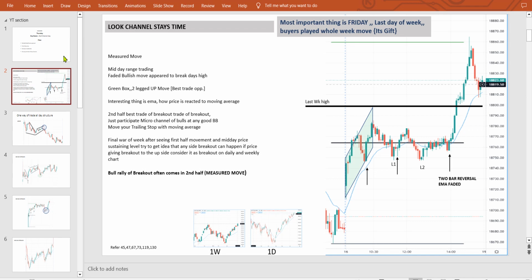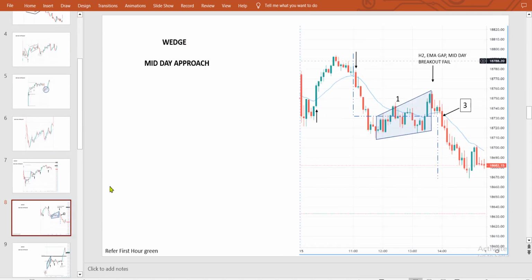Today is another new structure where a measured move happened from yesterday's low, so this is the buying structure. What we are approaching here is the wedge pattern and the midday pattern. We find the wedge and midday approach in all types of day structure, and we try not to miss any trade.